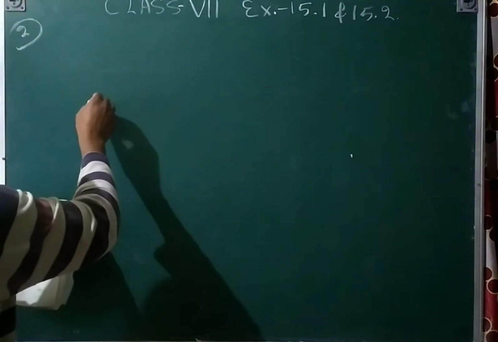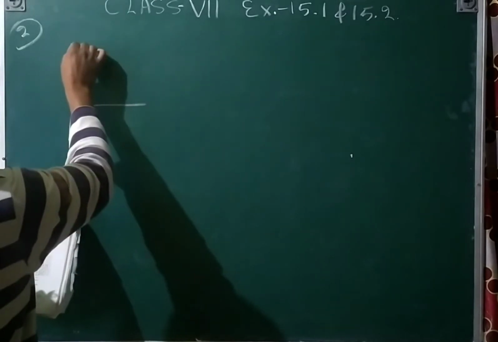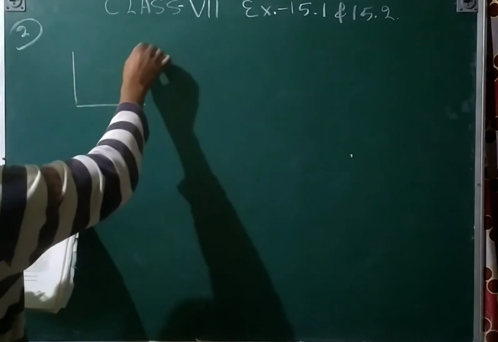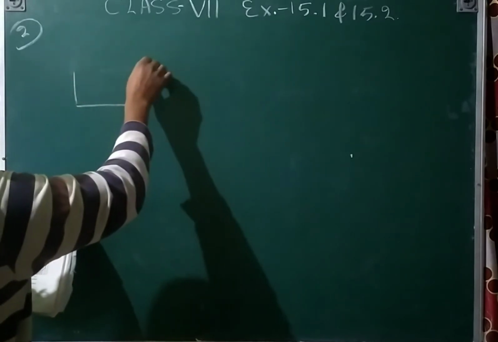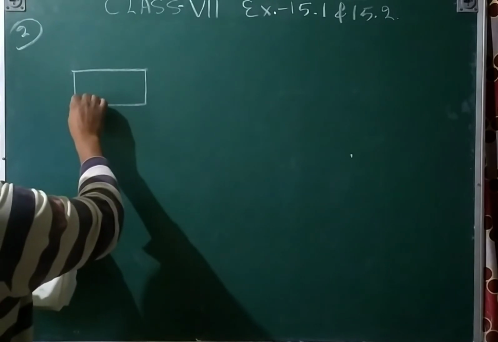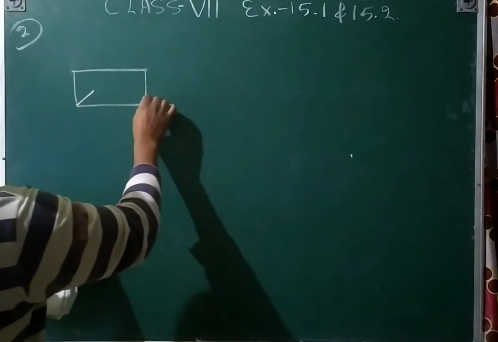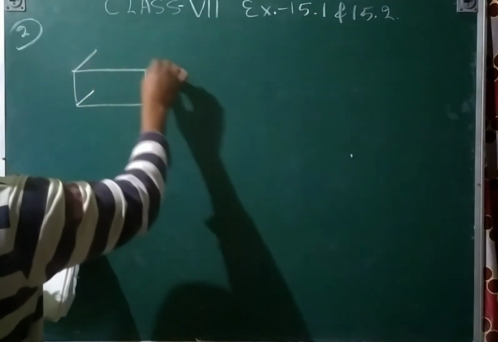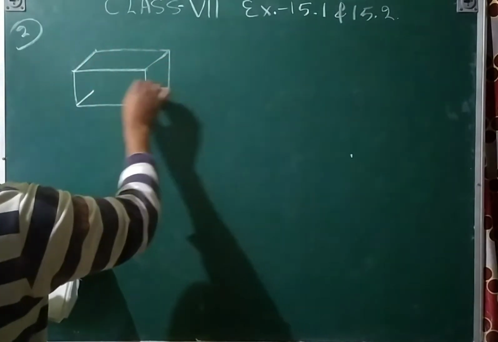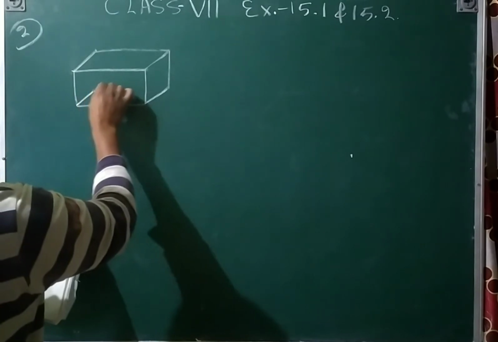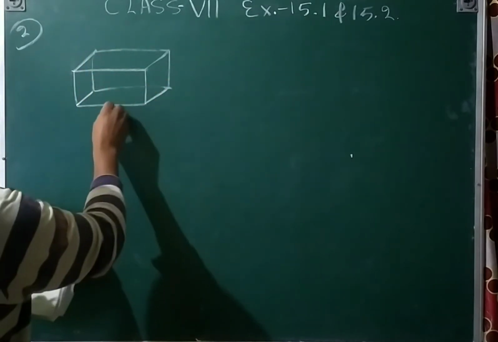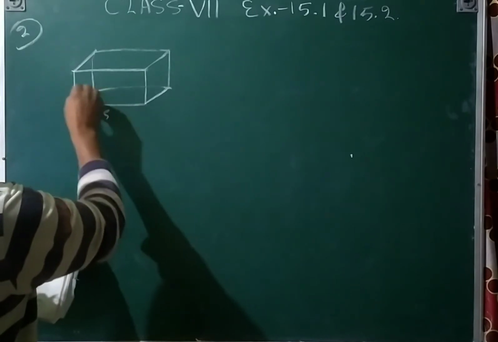So first of all, we will draw the 5 centimeter line, and then this one also 5 centimeter, and then 2 centimeter of this one, 2 centimeter of this one, and then this one also 5 centimeter, or this will be 3 centimeter, 3 centimeter. This must be 5, this will be 3. So this is the 5, 2, 3.